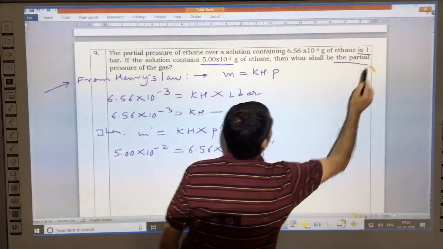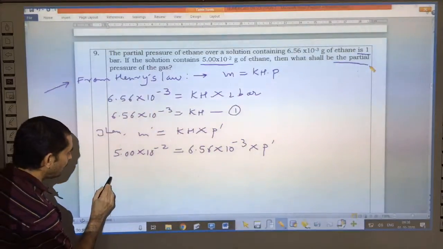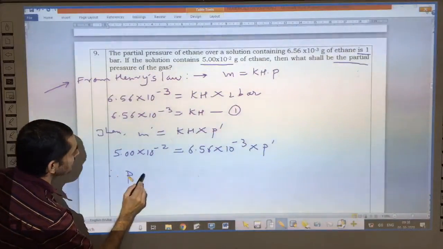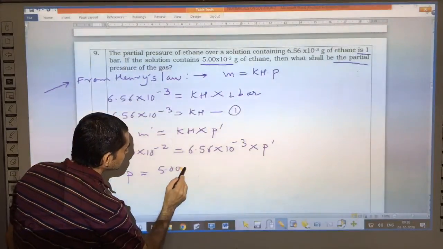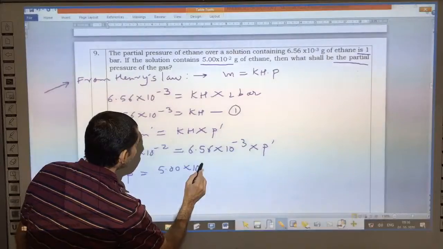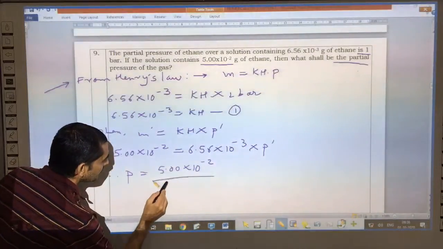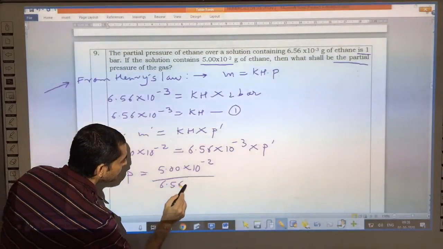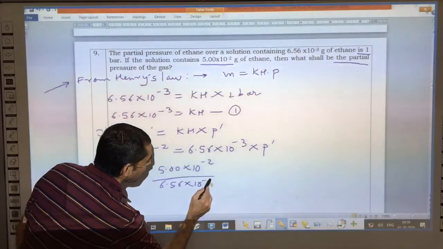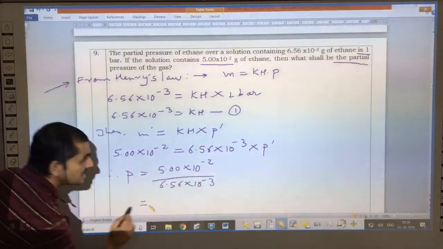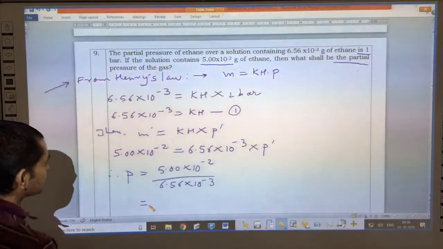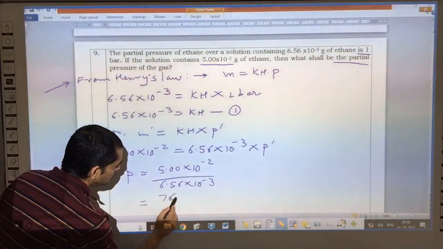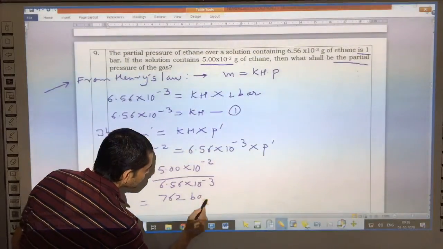This you have to calculate. Therefore, partial pressure will be equal to 5.00 into 10 to the power minus 2 upon 6.56 into 10 to the power minus 3. You solve it, and this is coming to be 7.62 bar. This is the answer.